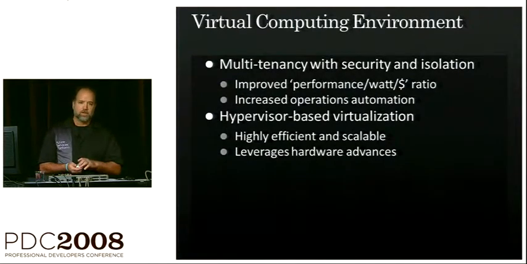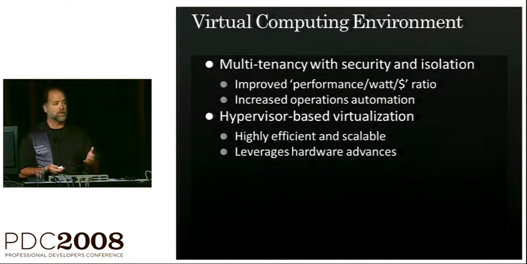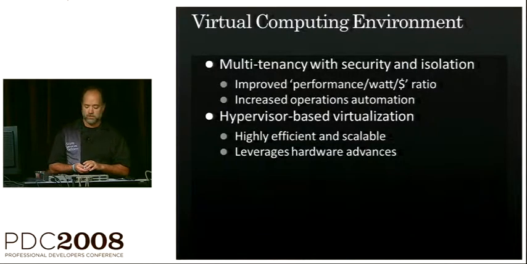Virtualization also allows the fabric controller to have a more idealized view of the hardware. When it's deploying a virtual machine to a physical node, it doesn't need to be aware of all the physical differences in the hardware. This increases operations automation and lowers OpEx.